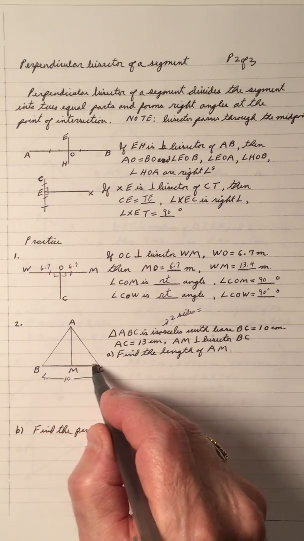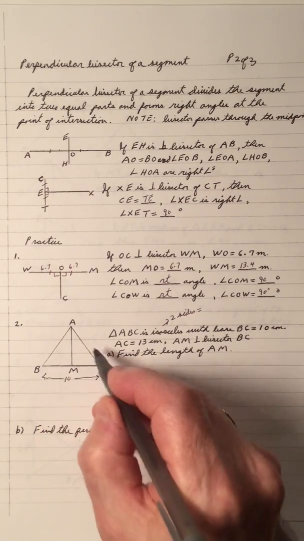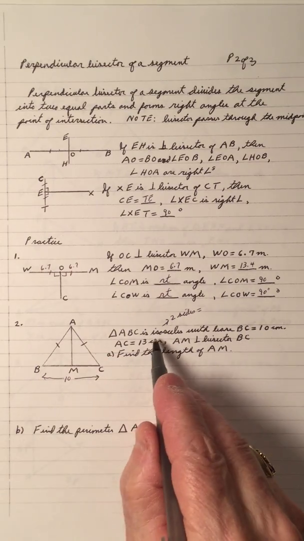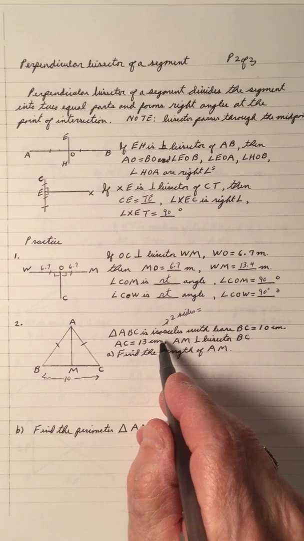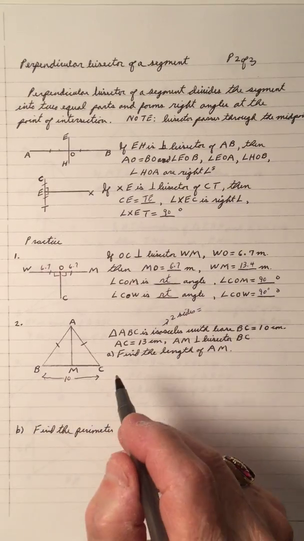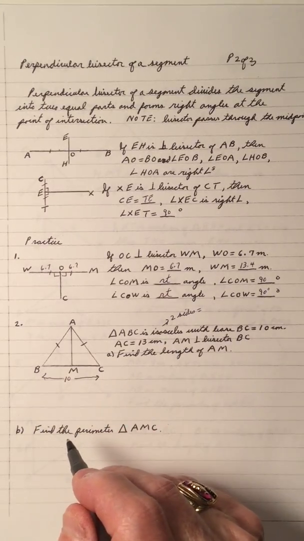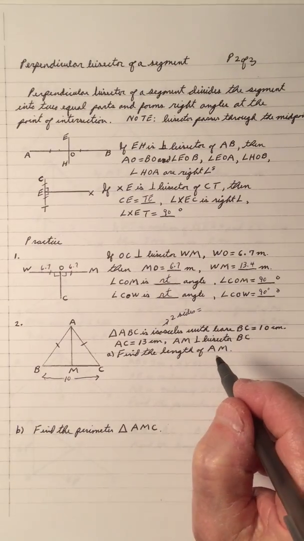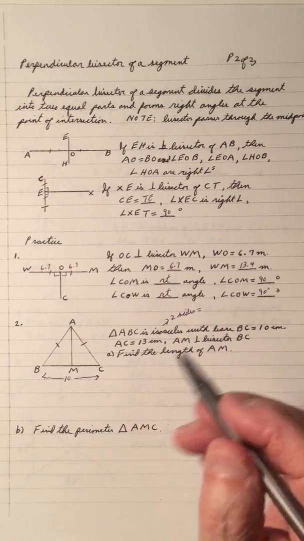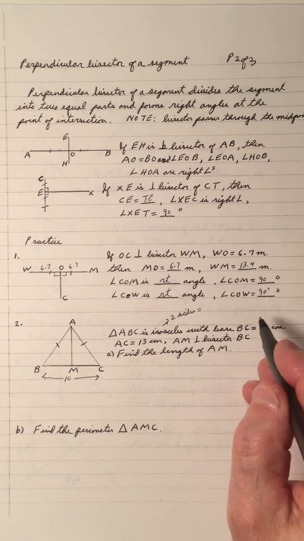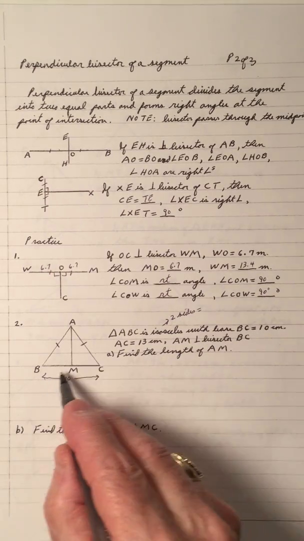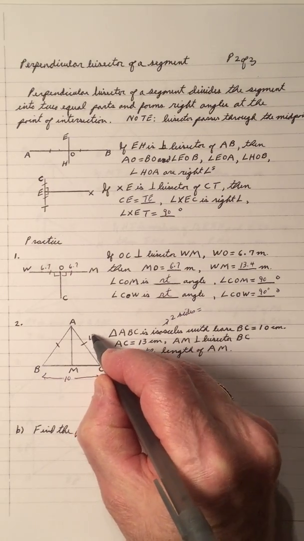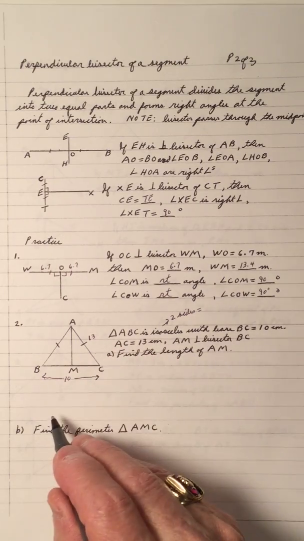If that's the base, then that means that AC and AB must be equal because we said it was isosceles. The equal sides is not the base. So the third side, which is the base, is not equal normally. So that's 10. So if AC is 13 centimeters, that's 13 centimeters from there to there.